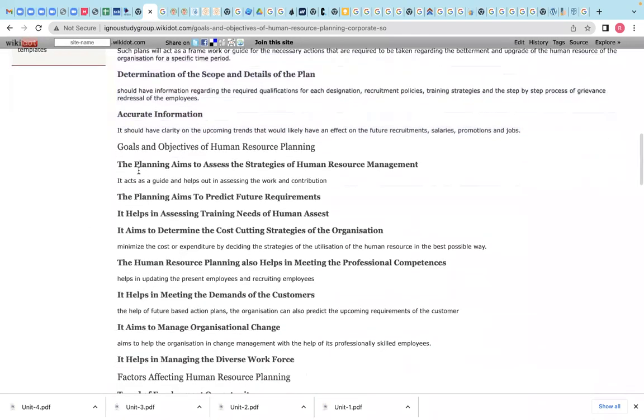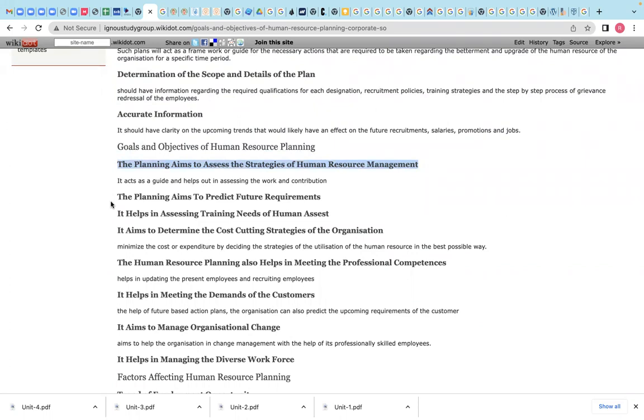The next goes into the goals and objectives of human resource planning. First, planning aims to assess strategies of human resource management. What exactly is planning supposed to do? You are trying to assess the strategies that human resource management is supposed to carry out, so you are trying to work out those particular strategies.